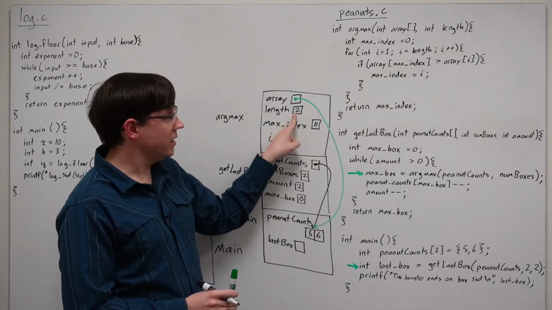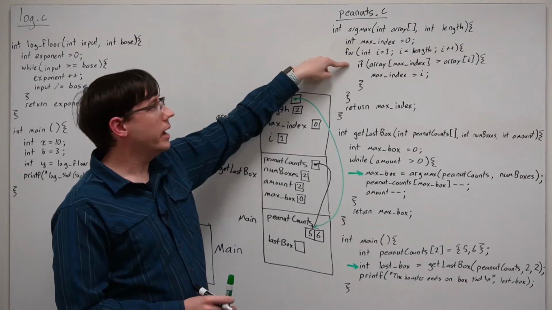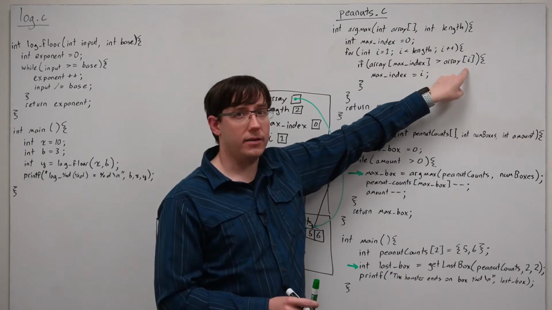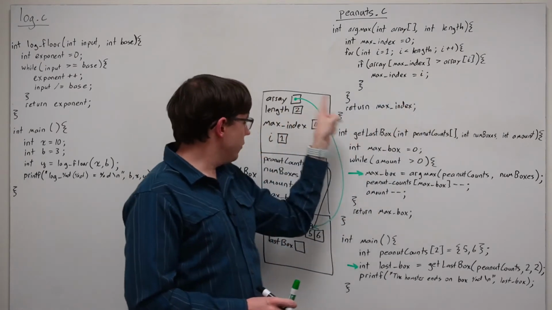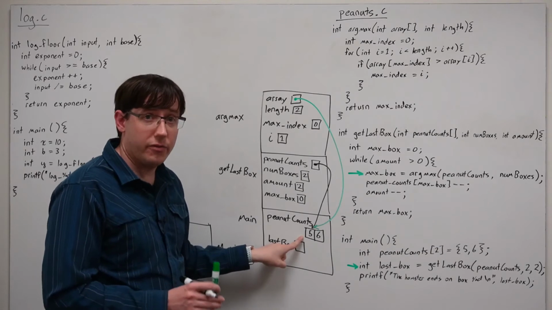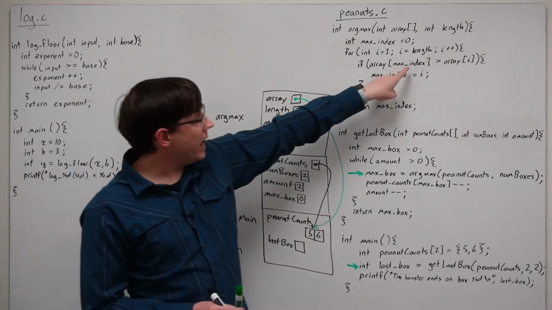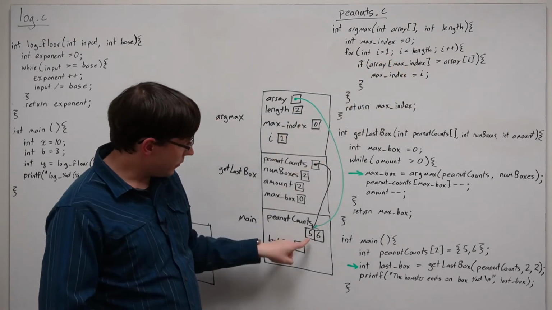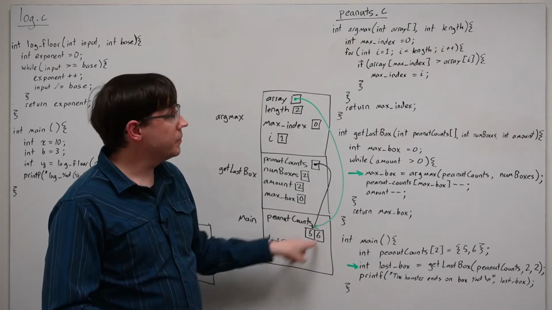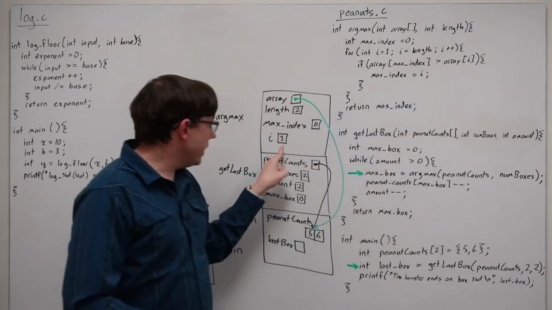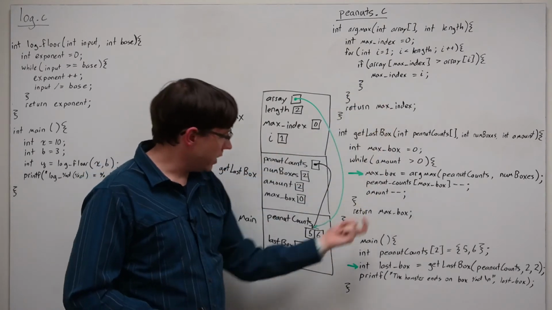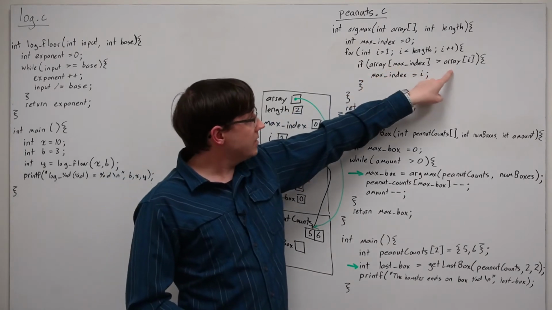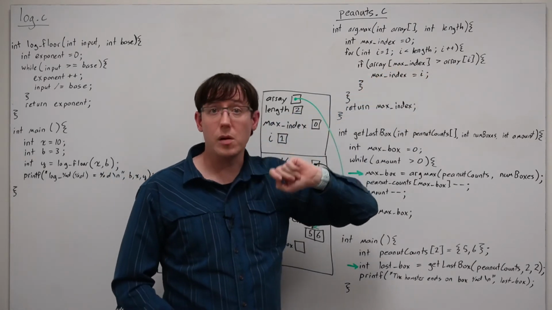Since I is less than length, we go into the body of the loop, and we check whether array at max index is greater than array at I. Array refers to the peanut counts array from main, and so array at max index, well, max index is currently 0, so that refers to the value 5, and array at I is 1, so this refers to the value in bucket 1, which is 6. So 5 is less than 6, and we see a bug in my code.